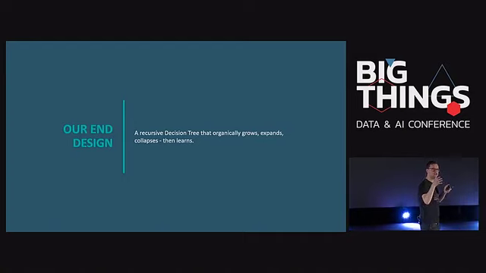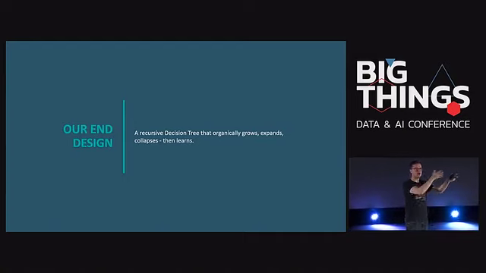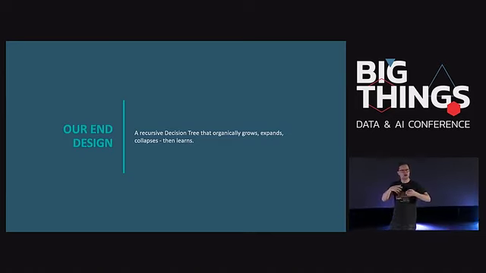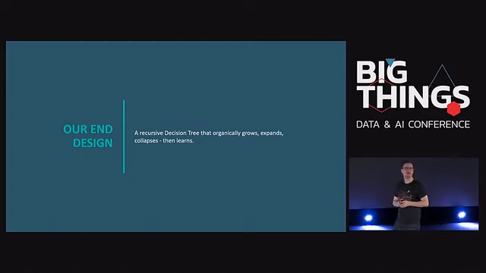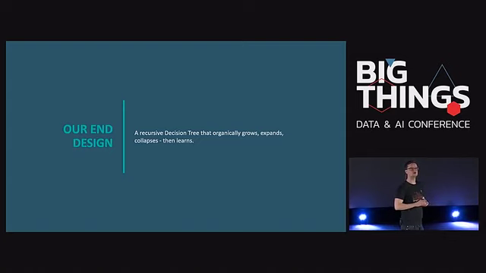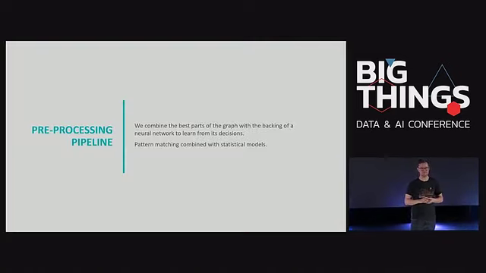There wasn't enough interesting information to discover in those paths. And this was our first, I would say, naive approach. I've added a little bit on there at the end, which is the learning factor. That came around 1.5 years later, where we wanted to leverage machine learning to figure out how we could learn from the decision trees and the decision engines that have been built in the past.